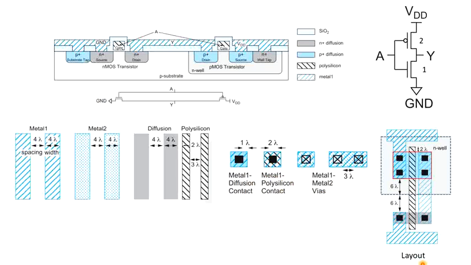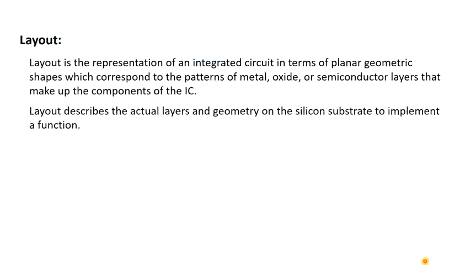And regarding layout, how can we define this layout? Layout can be defined in the following way. So I am reading it here. Layout is a representation of an integrated circuit in terms of planar geometry shapes, which correspond to the patterns of metals, oxide and semiconductor layers that make up the components of an IC.